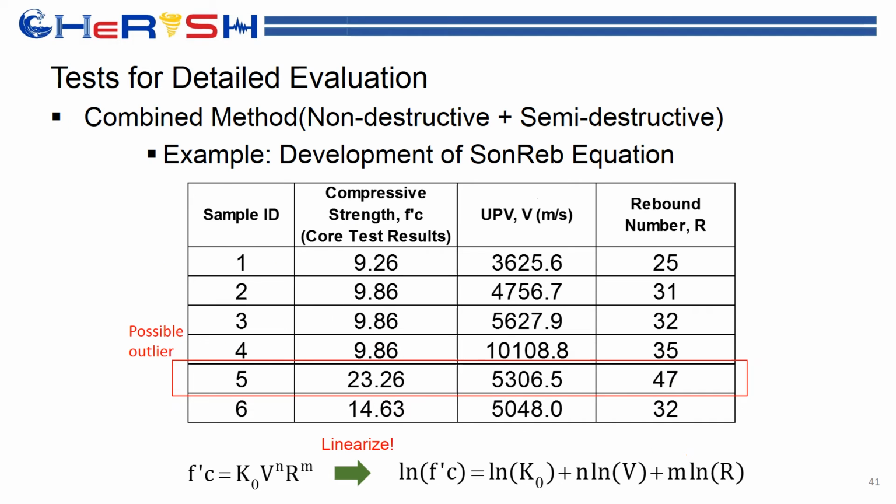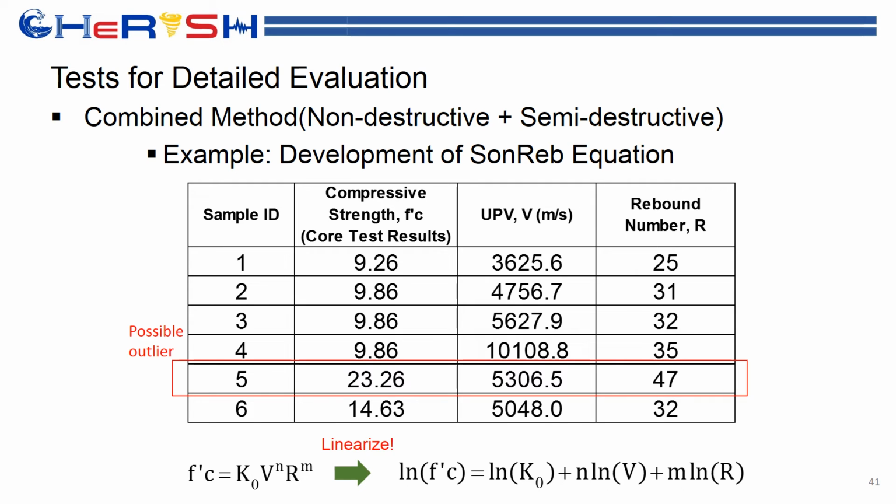Okay. So for example, these are the test results for 6 locations, and we have compressive strength results, ultrasonic pulse velocity test results, and rebound number test results.